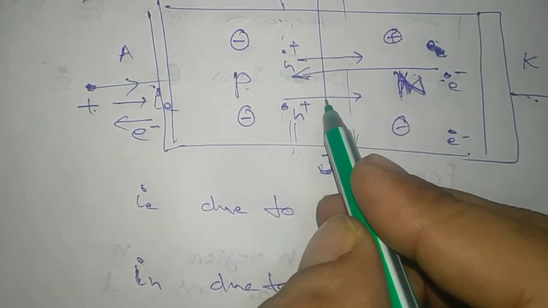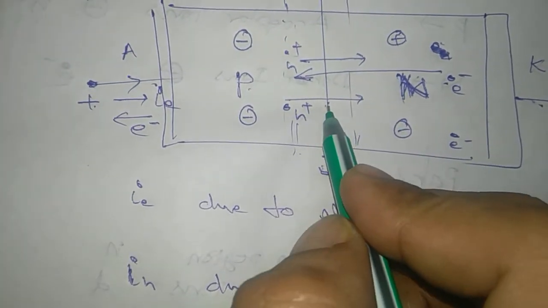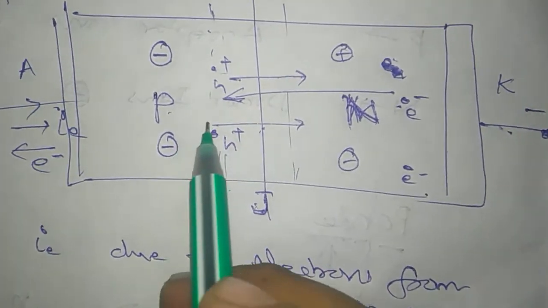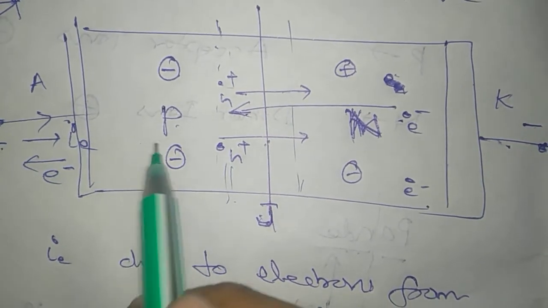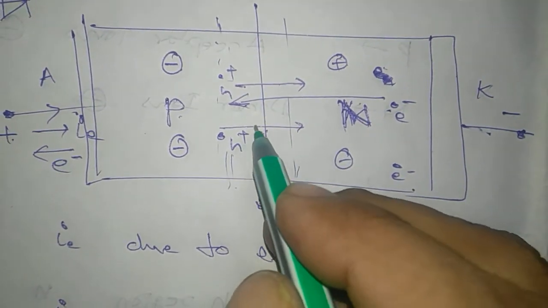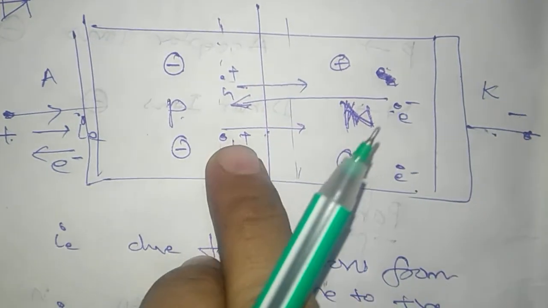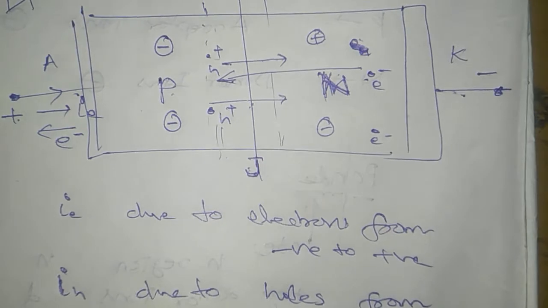So there is diffusion, recombination, and depletion in the junction. Drift is the movement of the electron in the same region, and diffusion is the movement of electrons to the other region, that is, across the barrier.